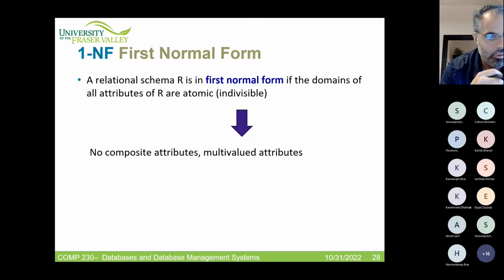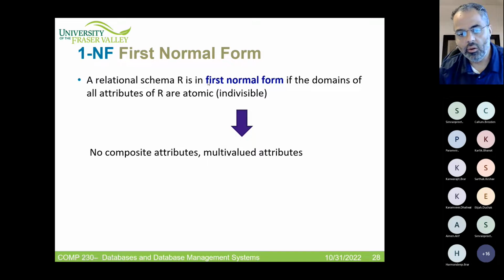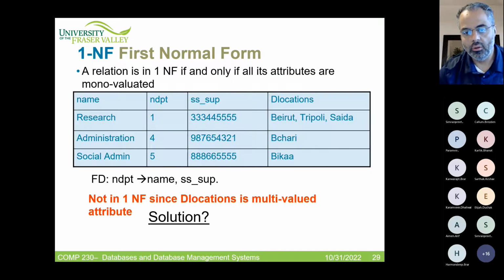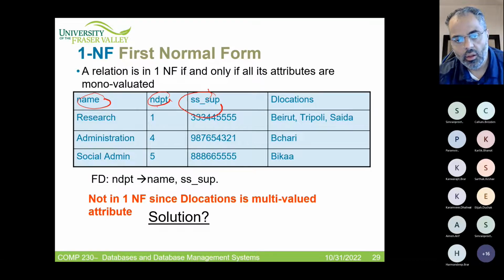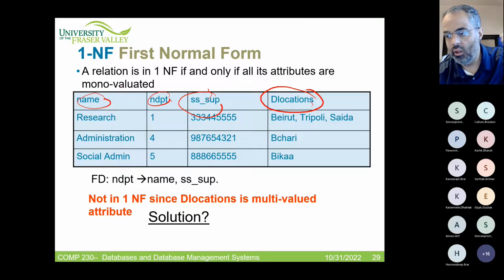So let's start with the first one. The first one doesn't talk about function dependencies or relations. It talks about only one restriction, about multi-value attributes. For example here, we have this table: name, department, and then supplier, and then we have here location. If you remember, we said we have a multi-value attribute, an attribute where we will have not only one value.